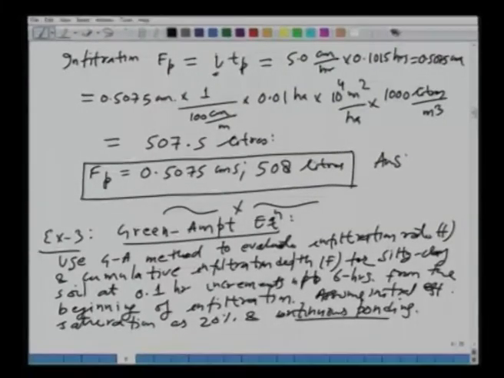This is important because we had said that all these infiltration equations give us the potential infiltration, or they assume continuous ponding. So, if we have a sufficient amount of water available, that is, ponded depth is there, whatever we calculate from the Green-Ampt equation will be equal to the actual infiltration.